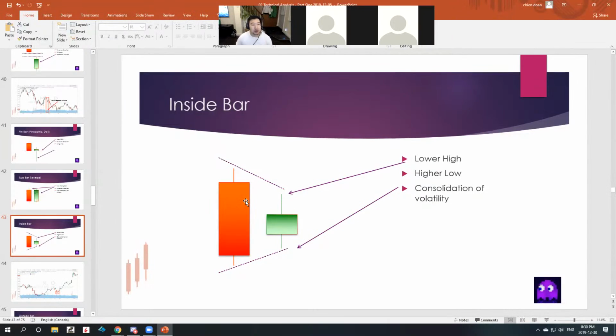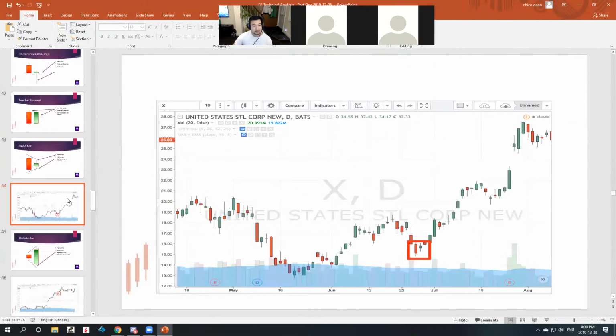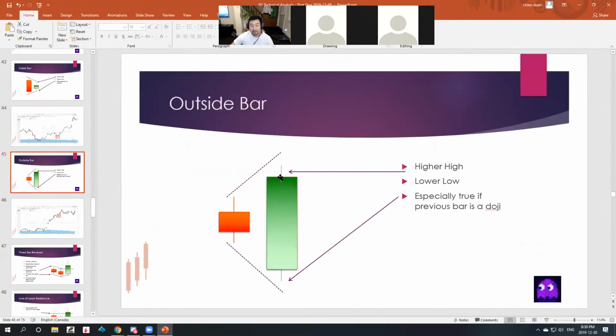And as you guys know, consolidation in volatility leads to wider volatility, and then wider volatility leads to consolidations within volatility. So you have that cycle of behavior taking place. Again, here's an example of that. Your outside bar is just the reversal of the inside bar. It's just showing you higher volatility that's taking place.